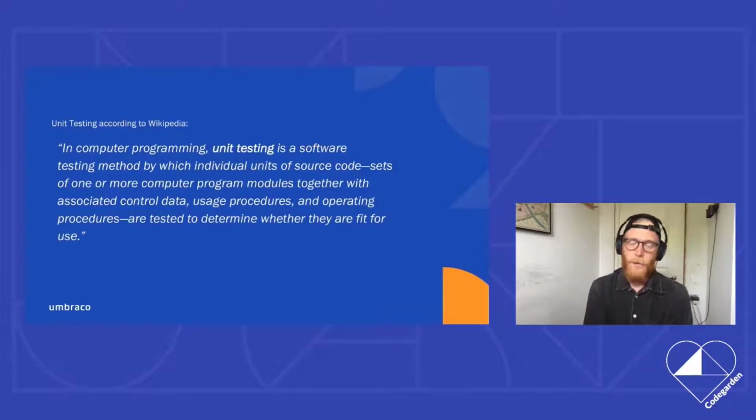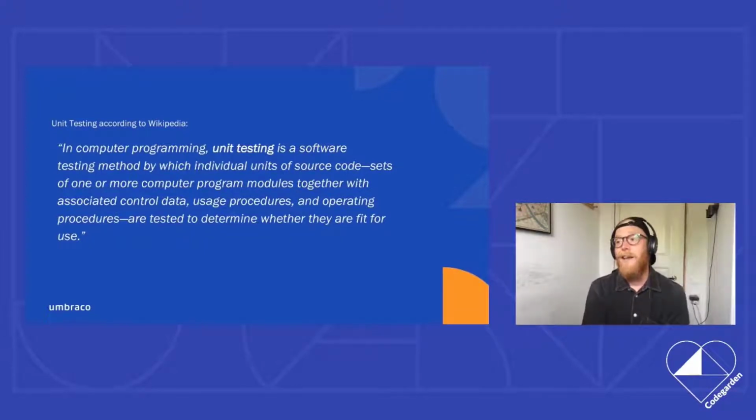If you go to Wikipedia and type in unit testing, you're going to get this explanation: in computer programming, unit testing is a software testing method by which individual units of source code, sets of one or more computer program modules together with associated control data, usage procedure and operating procedure are tested to determine whether they are fit for use.